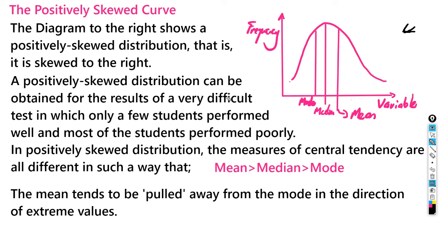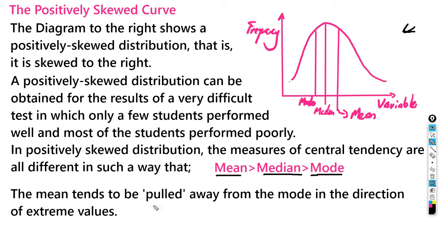A positively skewed distribution can be obtained for the results of a very difficult test in which only a few students performed well and most of the students performed poorly, right? In a positively skewed distribution, the measures of central tendency are all different in such a way that the mean is greater than the median and the median is greater than the mode.